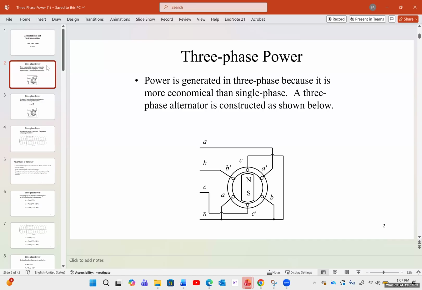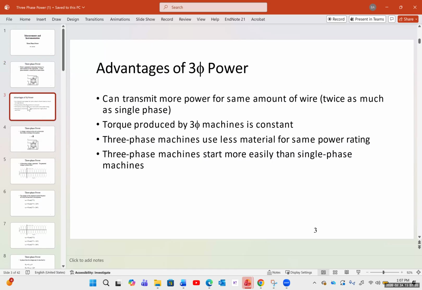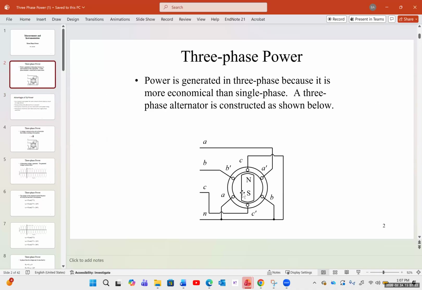So, three-phase power. Power is generated in three-phase because it is more economical than single-phase. A three-phase alternator is constructed as shown below. You can see here the phases A, B, and C, the three phases that we have.